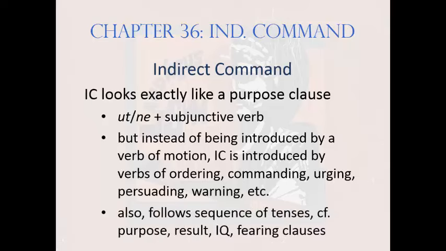And, just like purpose clauses, indirect commands follow sequence of tenses. That makes 4: purpose, result, indirect question, indirect command, and in a moment we're about to add a 5th, fearing clauses. But as far as this class goes, that's it.